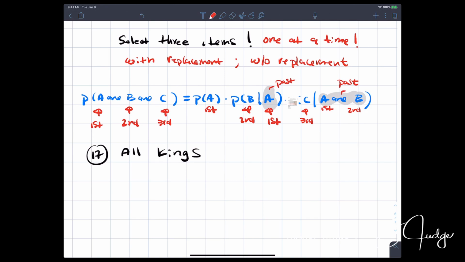Is it with replacement or is it without replacement for question 17? What does it mean to be different if we're going to select different cards? Different means they cannot be the same. Is that right?